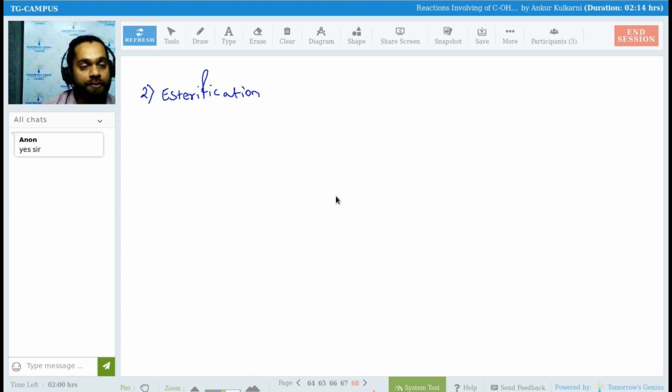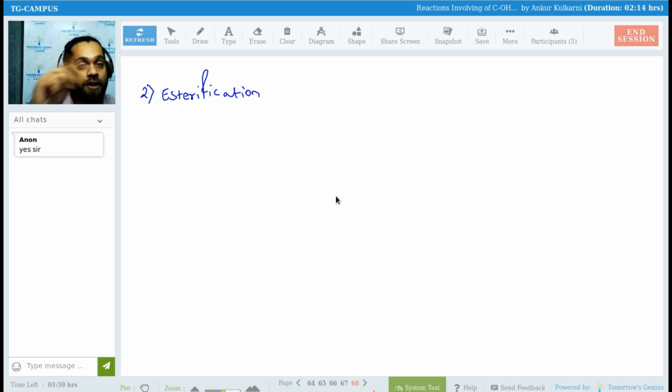What is the functional group of ester? Correct. The functional group of ester is RCOOR. COOR is an ester, so esterification means you form an ester.